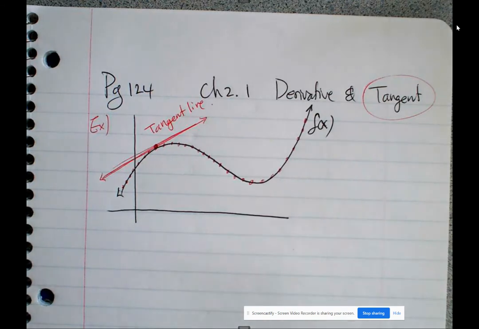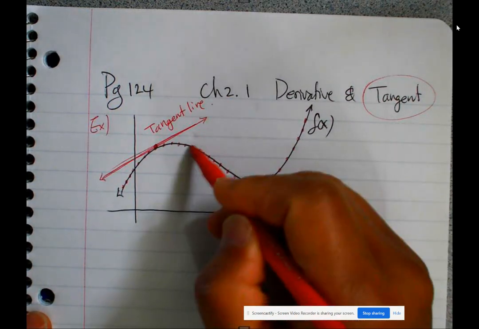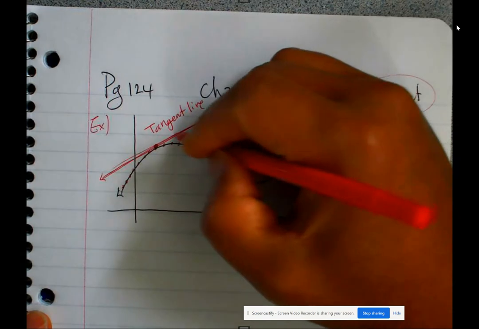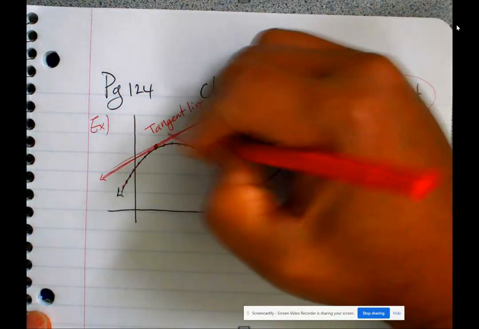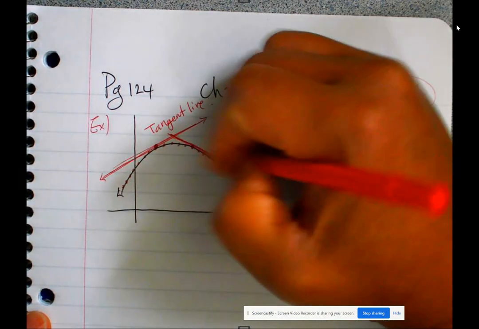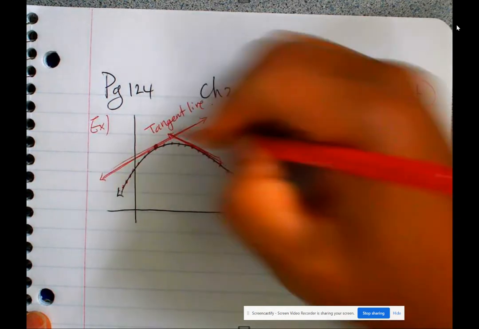So with limits in calculus, now we have a way to find all of these tangent lines, anywhere you want. It is possible to find all of these tangent lines, right here.